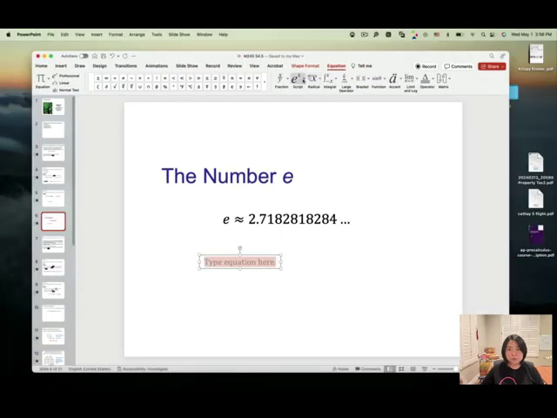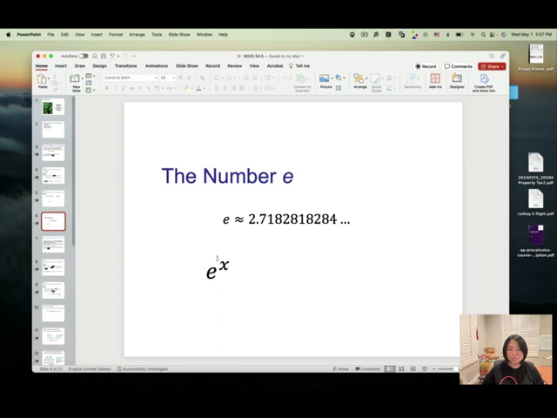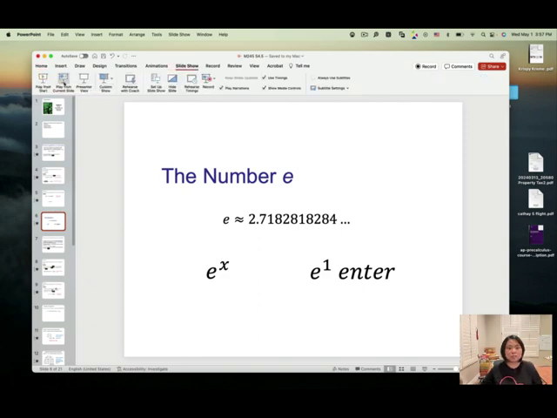You should find it on your calculator, that's e to the exponent x. You may want to press e to the power of 1 and then hit enter. So you get 2.71828. Make sure you know how to use your calculator to find e.